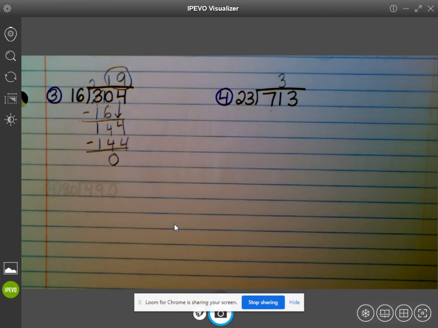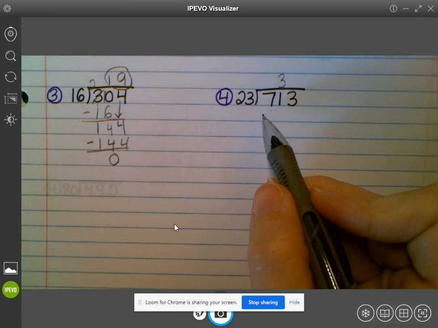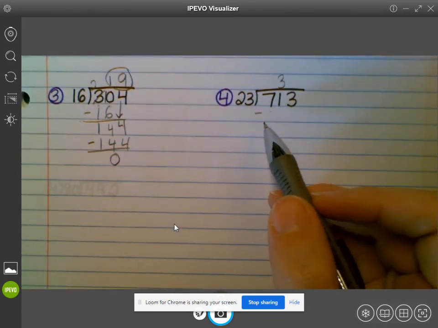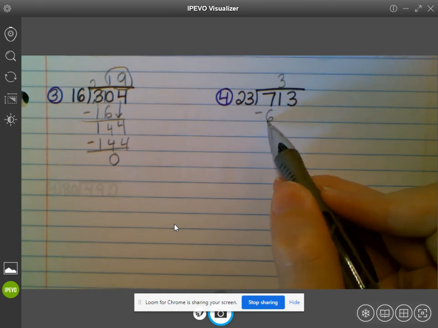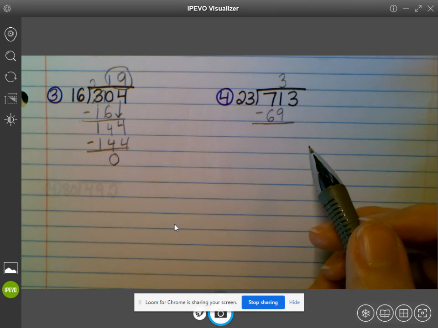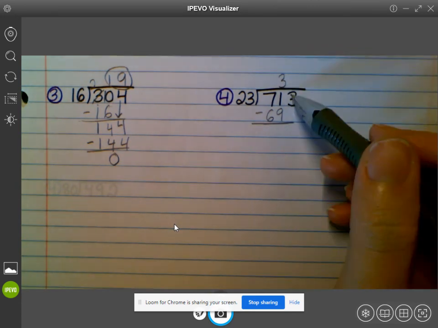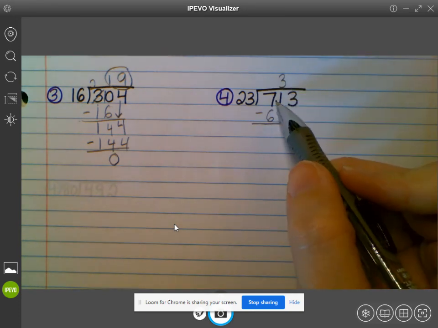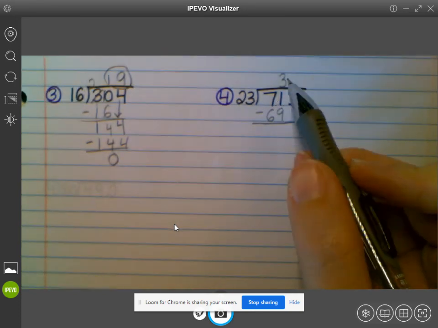It is 69. So then we would subtract. All right, then we're going to subtract. Now, can we take 1 minus 9? Does that work? No, we have to borrow from the 7.